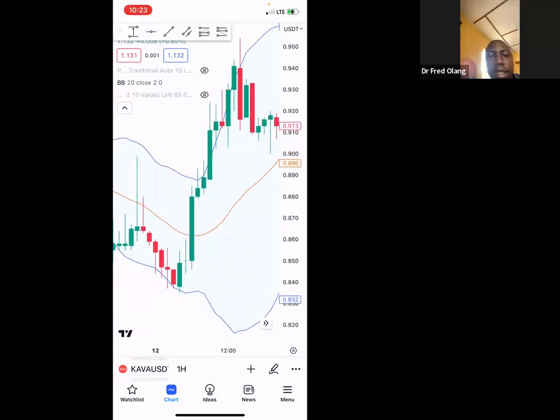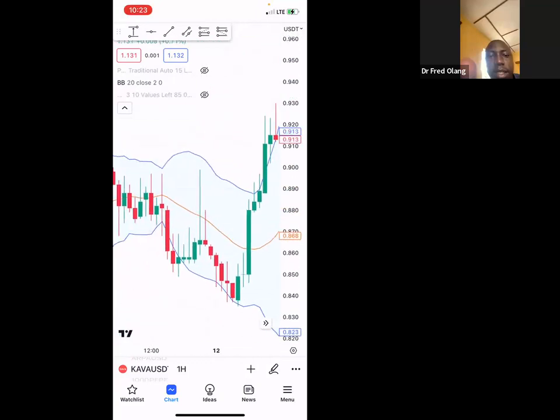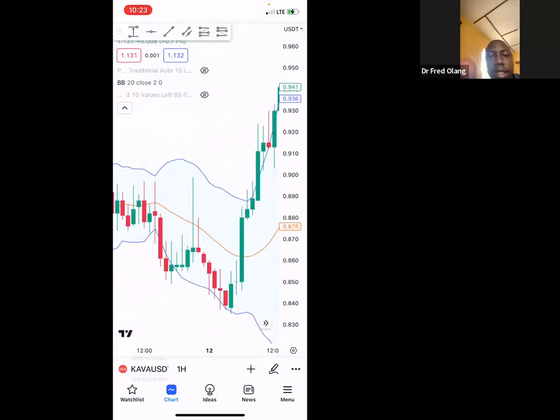So what comes to your mind? Just get this from me: every time I see the market trading below the lower band, it means that market has been stretched. It's like it has been oversold. The sellers are more likely going to be exhausted.